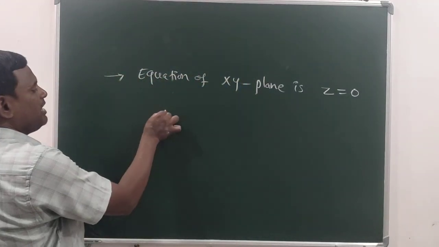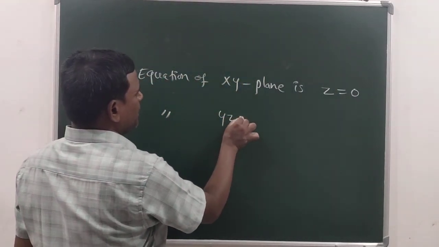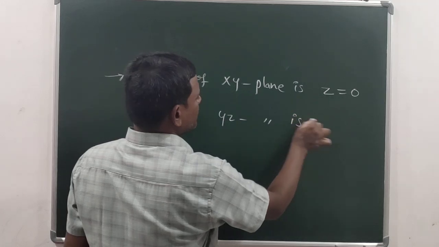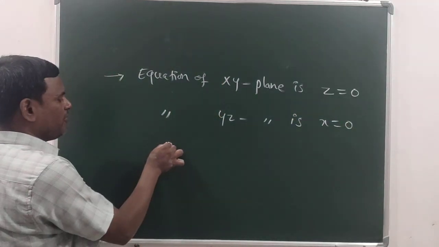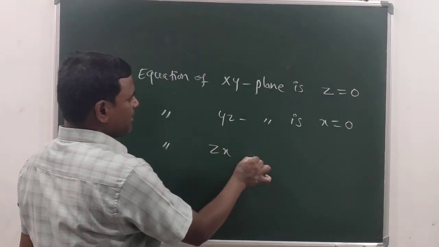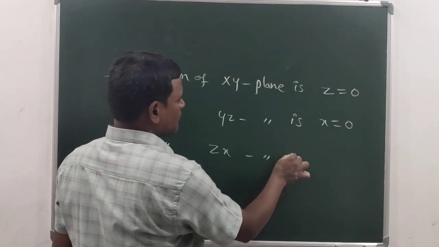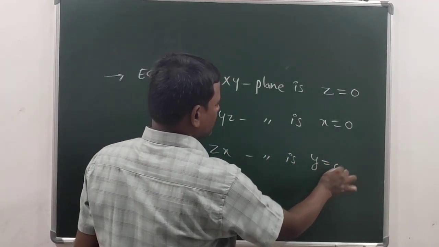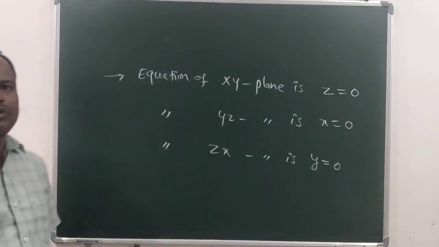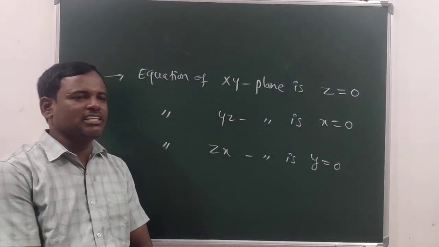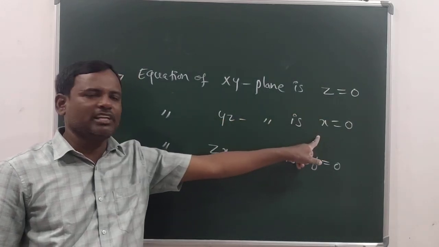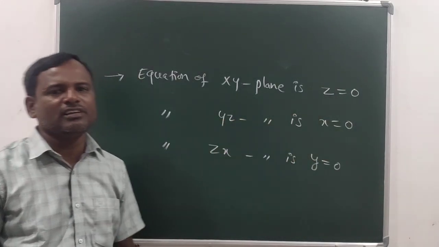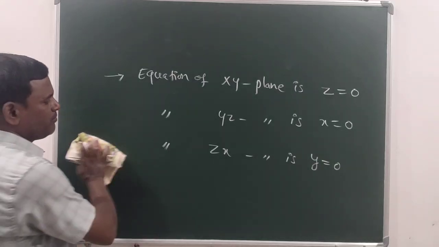In the same manner, the equation of the yz plane is x equal to 0, and the equation of the zx plane is y equal to 0. The xy plane passes through the x-axis and y-axis, and its equation is z equal to 0; yz plane equation x equal to 0; zx plane equation y equal to 0.